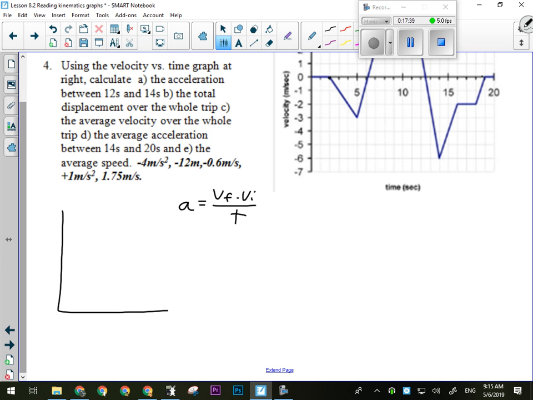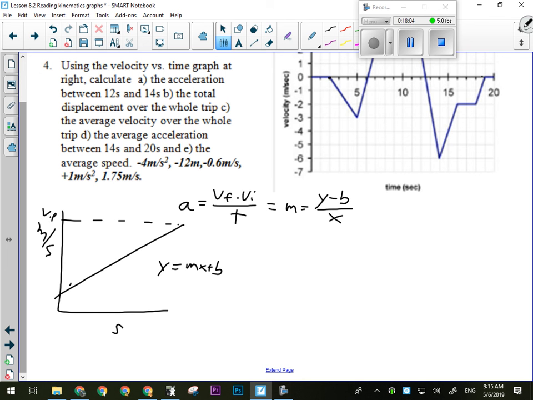If I have a velocity versus time graph that looks like this, and I get an equation like this, the slope of this line is going to be this formula, right? Because it's going to be m equals y minus b over x. Y would be our final velocity.